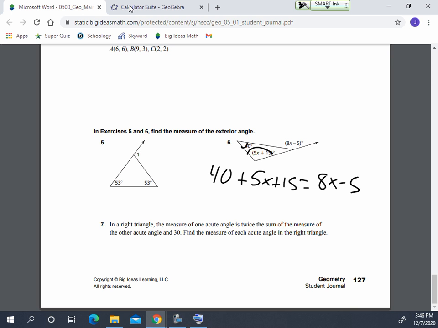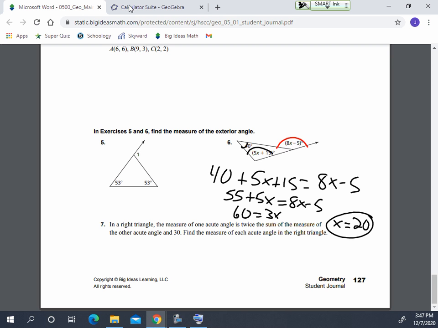So we have to find what 8x minus 5 is equal to. To do that, we have to solve for x. Okay, combine like terms, we have 40 plus 15, which is 55, plus 5x equals 8x minus 5. If we add 5 and subtract 5x, we'll get 60 is equal to 3x. And finally, we'll get x is equal to 20.